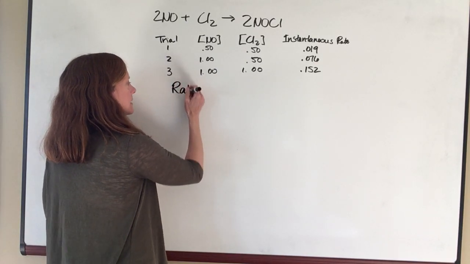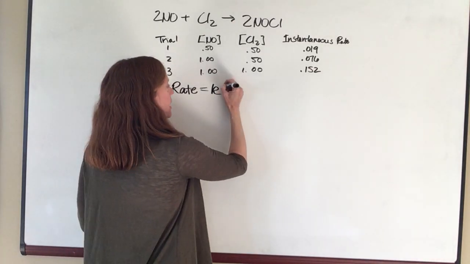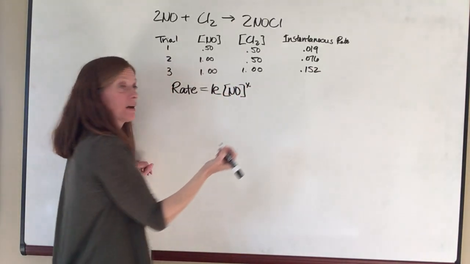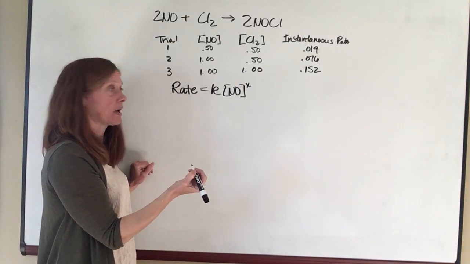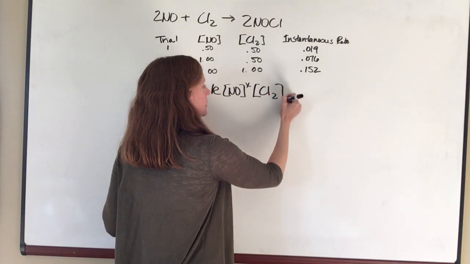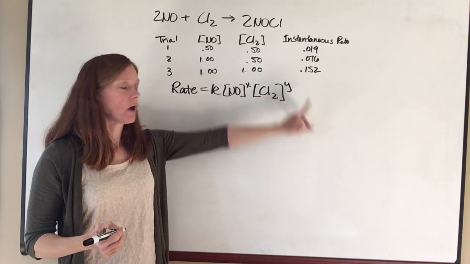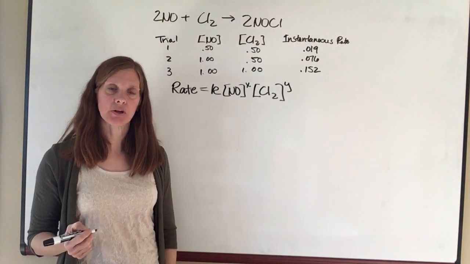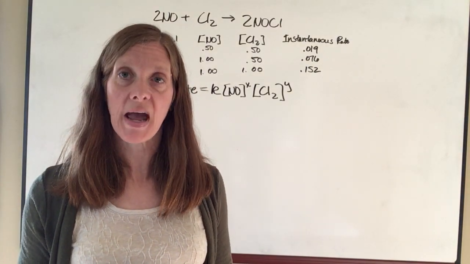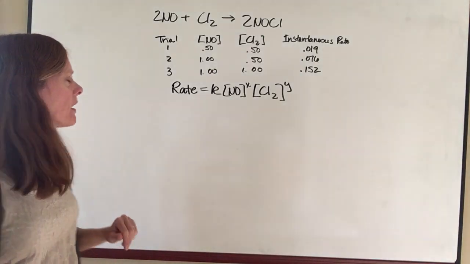So my rate is going to equal my rate constant times the concentration of NO, and I don't know what the order is, so I'm going to put an x up there, times the concentration of the chlorine, and again, I don't know what that order is either, so I'm going to put a y up there until I get it figured out, because the first step in doing this is figuring out what the reaction orders actually are, so that I'll then be able to figure out what the k is.